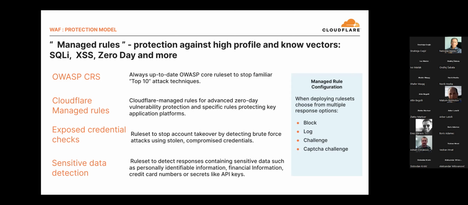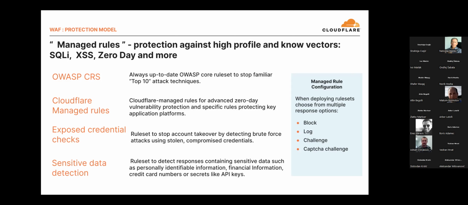How does it work? The OWASP rule set checks the behavior of each request and gives a score to this request at the end. You can configure the threshold. For example, I can configure the threshold as 40, and each malicious behavior adds to the final score.